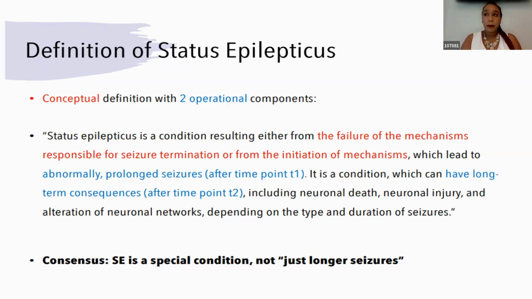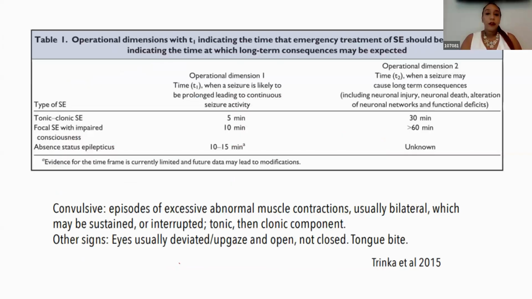For each seizure type that time is different, but the general consensus is 5 minutes. T2 is the time when there is permanent neuronal damage, a neuronal injury and alteration of neuronal networks. The key point is that status is a special condition, not just a longer seizure, because there's the risk of neuronal damage.